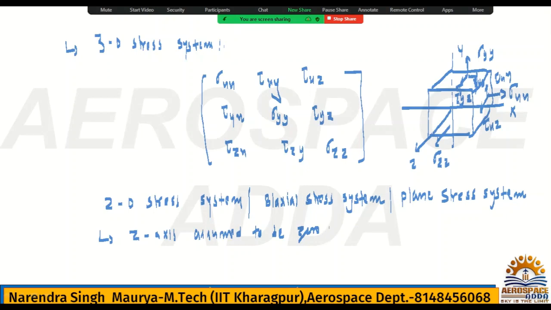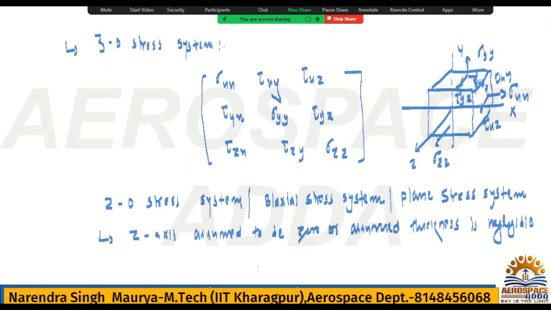Or you can also say assume the thickness is negligible. If the thickness is negligible, that means you are assuming the z axis is 0.